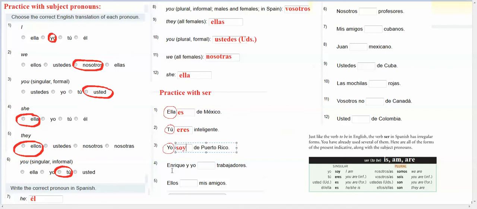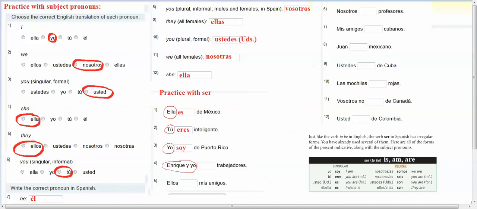Now it gets a little trickier. Enrique y yo blank trabajadores. Who's actually hardworking this go round? It's going to be Enrique y yo. Well, yo's in our chart, but Enrique is not. Yo means I. Like in English, if this was saying Enrique and I, that would be the same thing as saying we. And we in Spanish is nosotros, right?